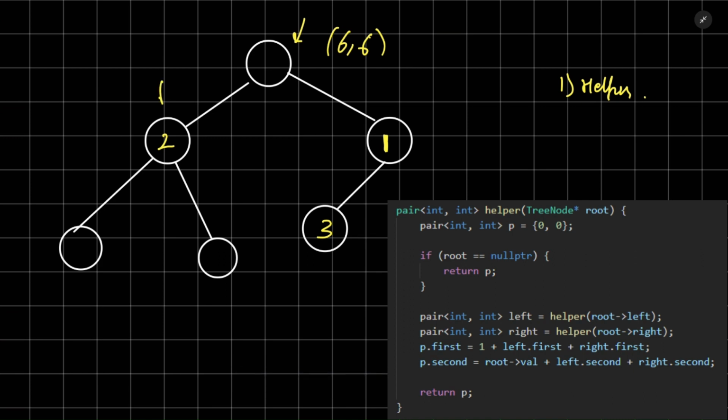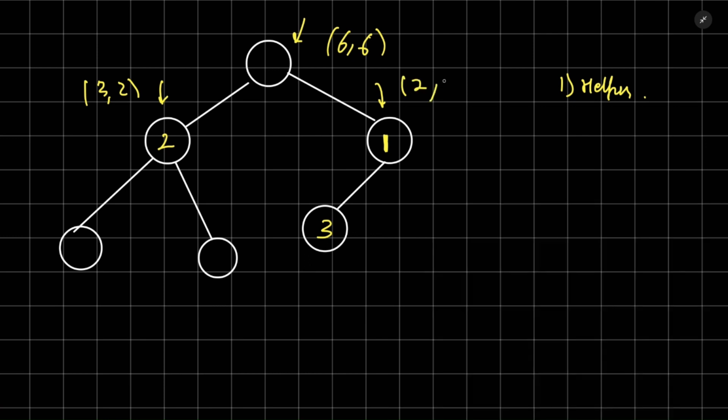And now if we see the left side of the root node, our helper function over this will return us the number of nodes, that is 3, and the total number of gold coins. And from the right, the helper function will return the total number of nodes, 2, and gold coins, that is 4. So if we look at this result, here the nodes are 3 and the number of gold coins are 2.